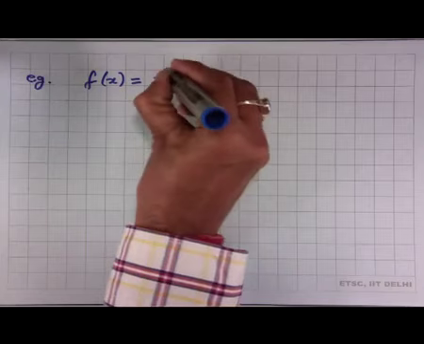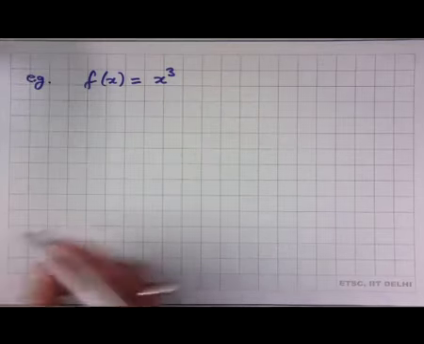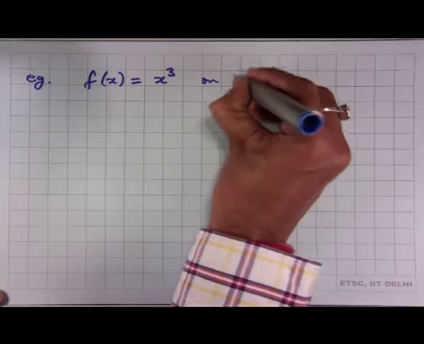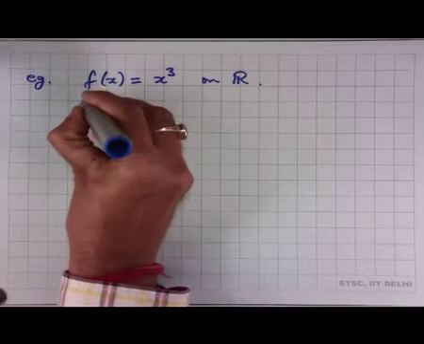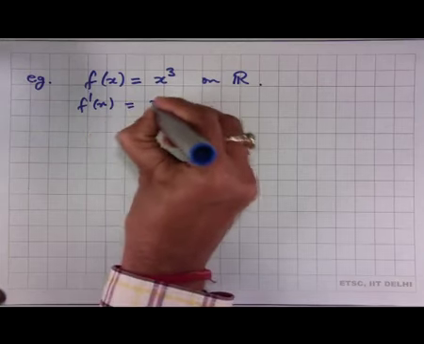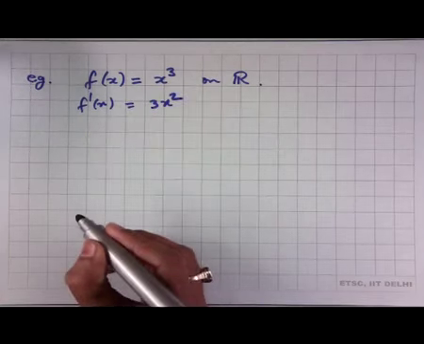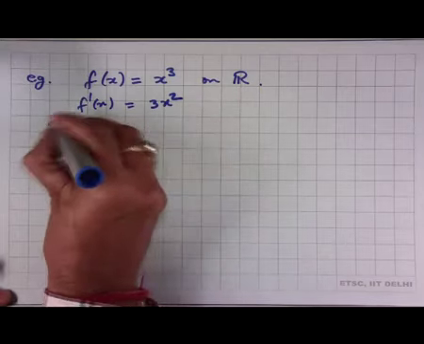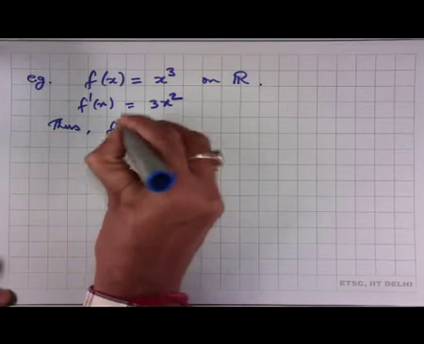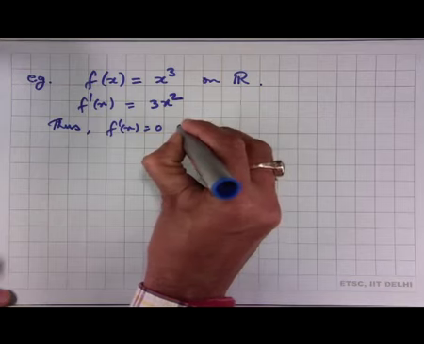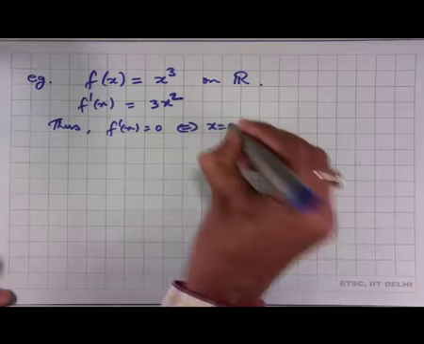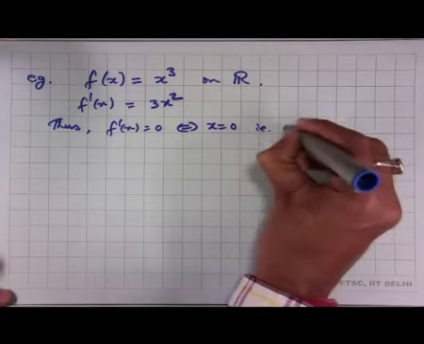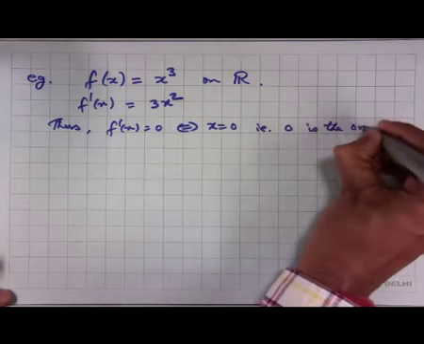Suppose we consider f(x) equal to x cubed on R. If we look at f'(x), it is equal to 3x squared. Thus f'(x) equal to 0 if and only if x is equal to 0, that is, 0 is the only critical point.